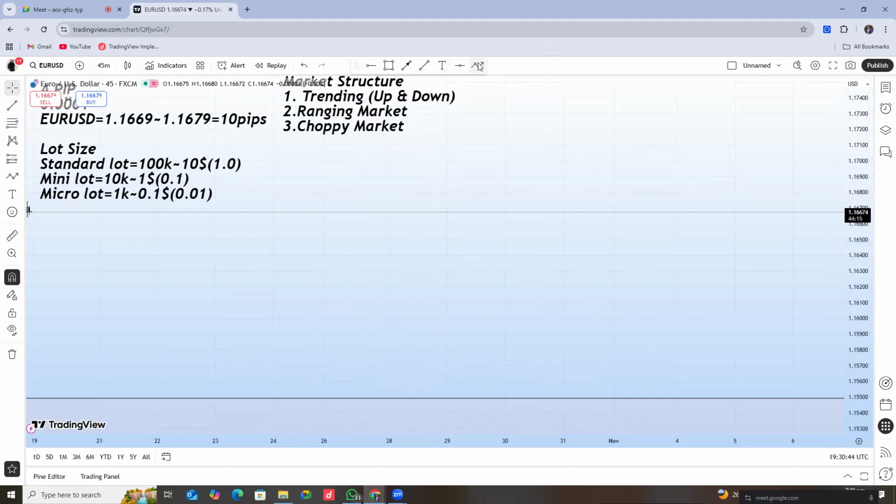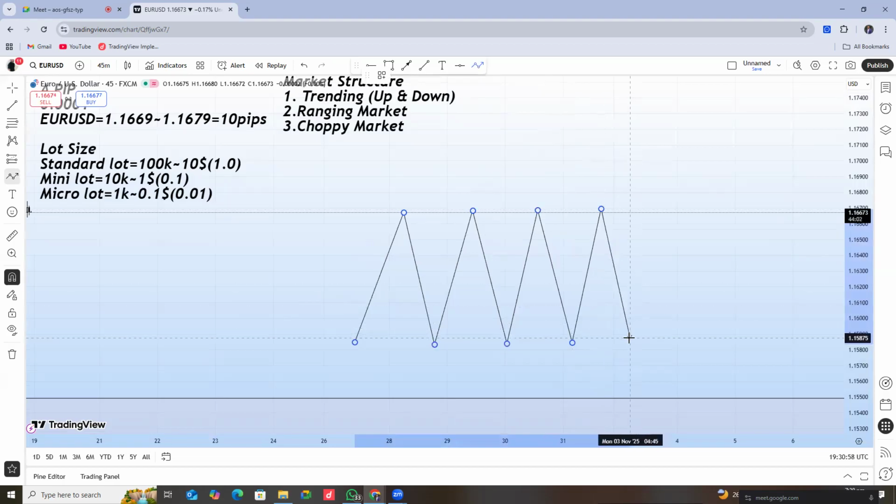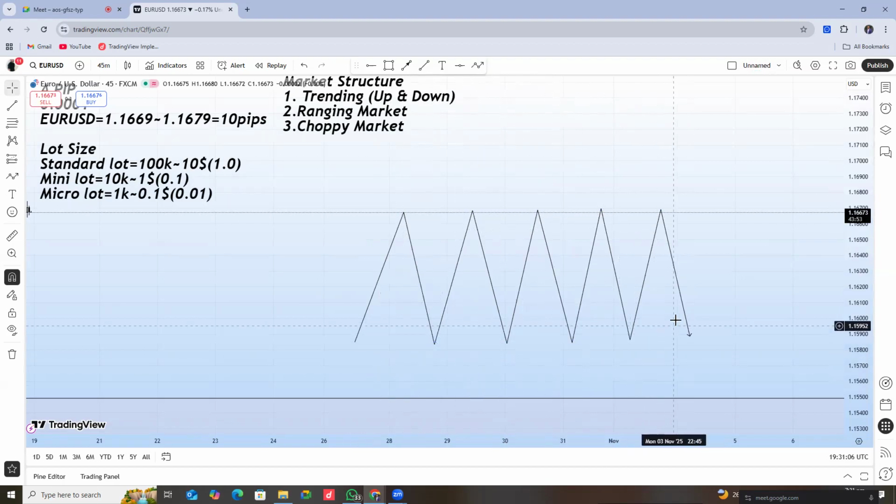Let's look at a ranging market. So for a ranging market, this is what it does. It moves within a specific zone. Okay, it moves like this. So this is how a ranging market moves. You can see that all the highs are around the same region, all the lows are around the same region.